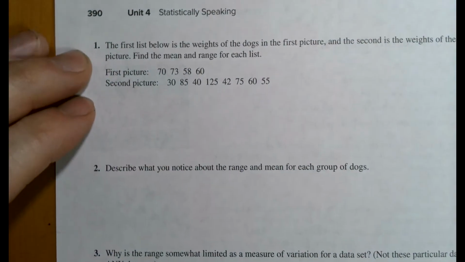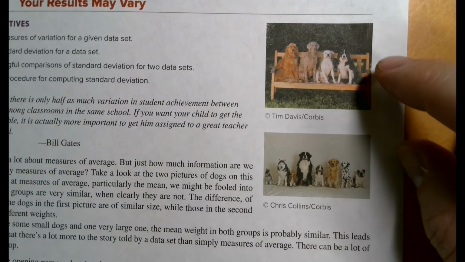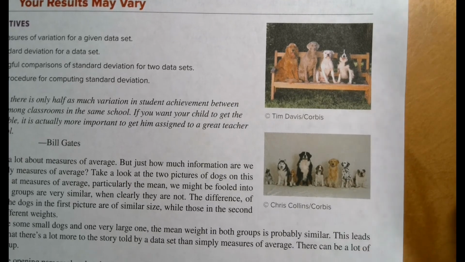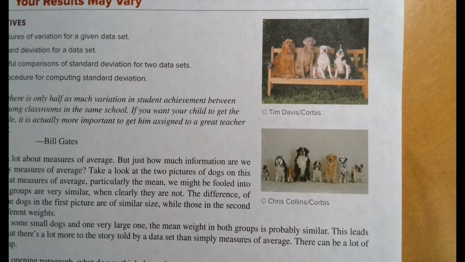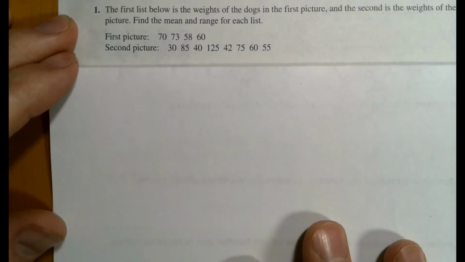So let's look at some data. These pictures on the previous page are two sets of dogs. I think there are 4 dogs here and a bunch of dogs here, and we want to look at the variation in how much they weigh. Here are the actual weights, and we're going to find the range for each.